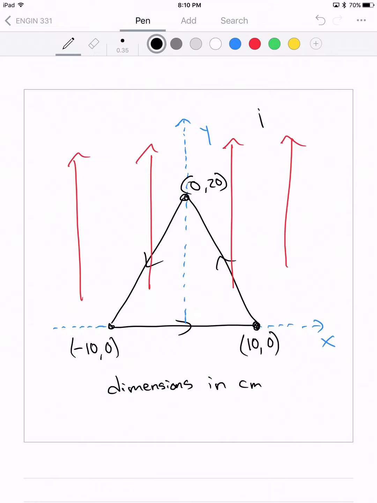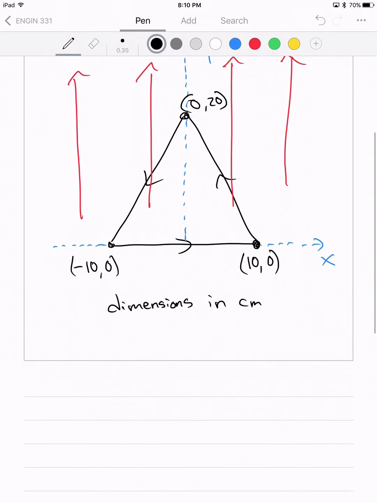And the magnetic field is a hat y, 6 milliteslas. All right, and we are to find the forces and the torque on this loop of current.